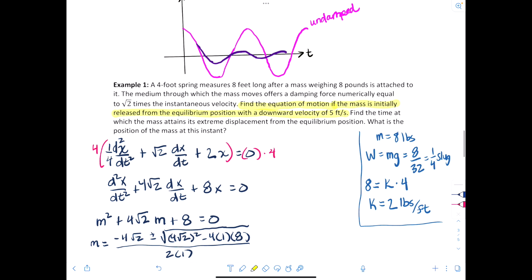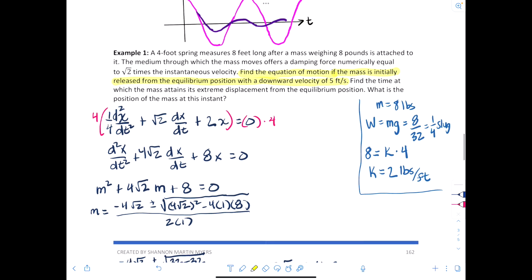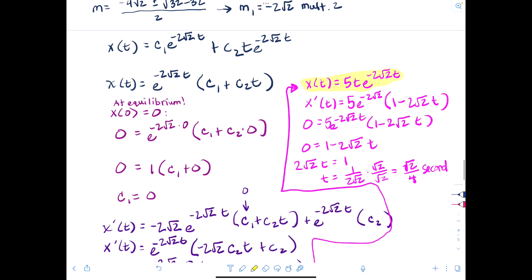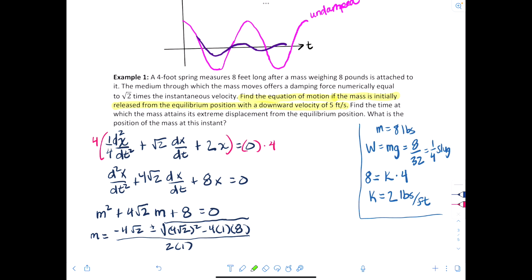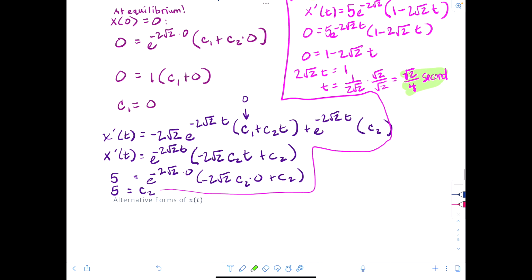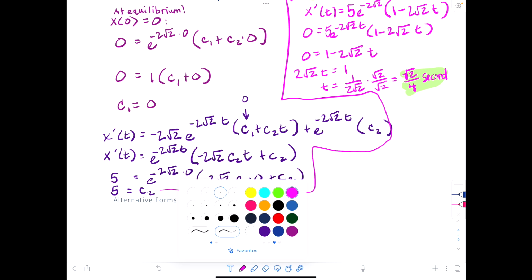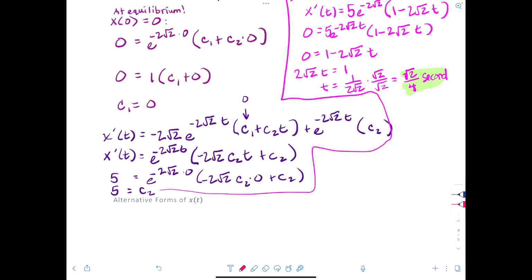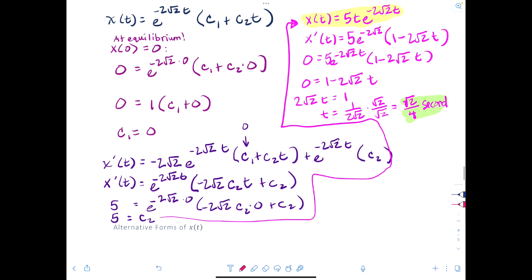And then find the time at which the mass attains the extreme displacement. So that was this one here that we just found. And now we need to find the position. So to find the position, what do you think we should do? Beautiful. Let's evaluate x at t at root 2 over 4 of a second.